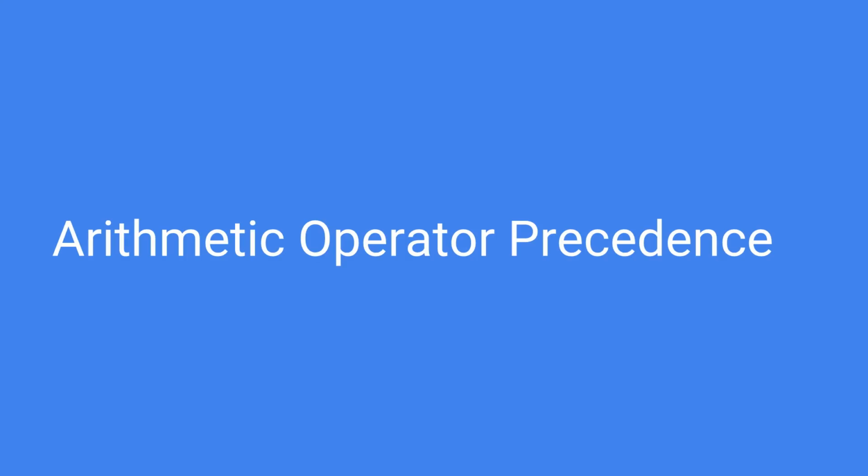I just want to quickly also touch on the precedence of arithmetic operators in C++. If you remember PEMDAS or BODMAS or BOMDAS or whatever you were taught in school, then you'll be happy to know that C++ is very similar when it comes to arithmetic operators. Brackets always take the highest precedence.